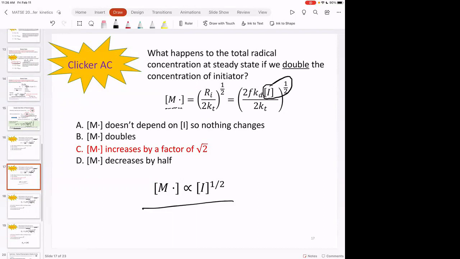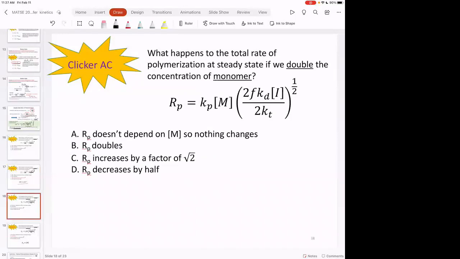All right, here is the clicker question. What happens to the total rate of polymerization at steady state, because that's what RP is, if we double the concentration of monomer?